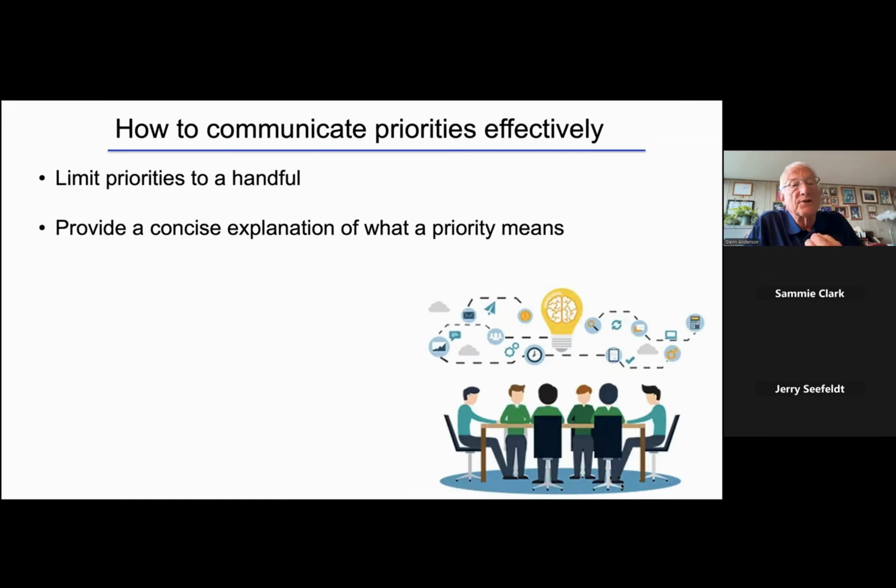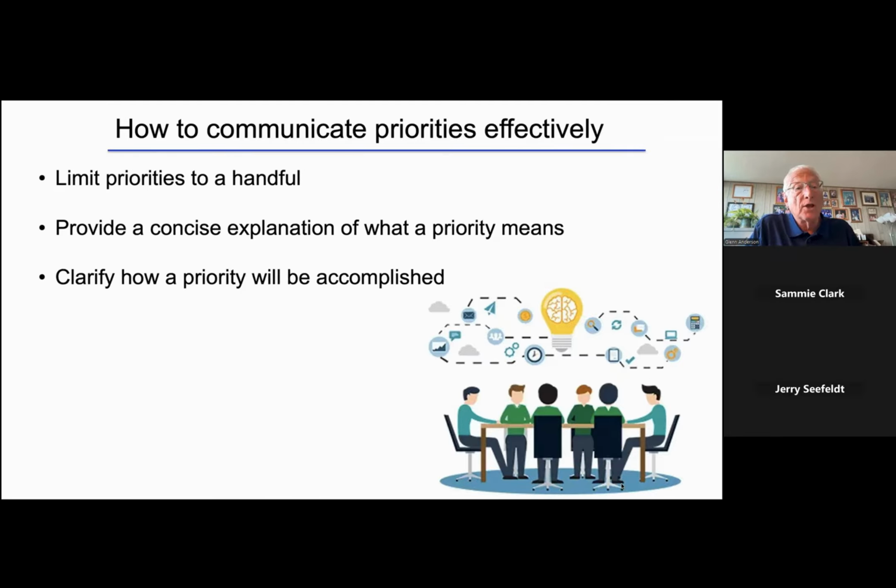You want to provide concise explanations of what each priority means. You don't want generalizations. Let's invest more in infrastructure. What does that mean? You need something in more detail, something more concise. You want to clarify how priorities can be accomplished. You want to explain why a priority matters.